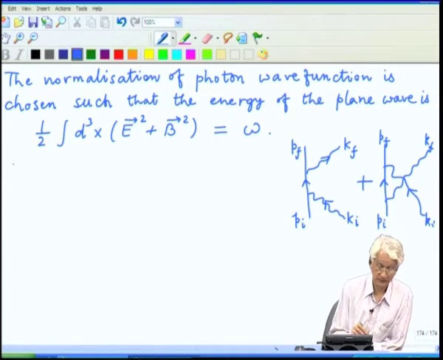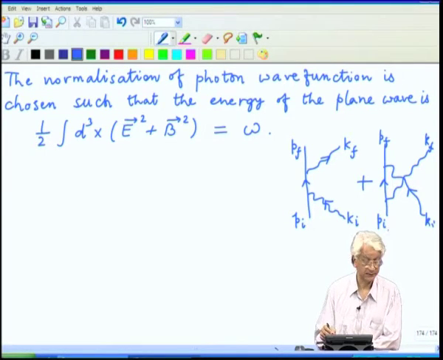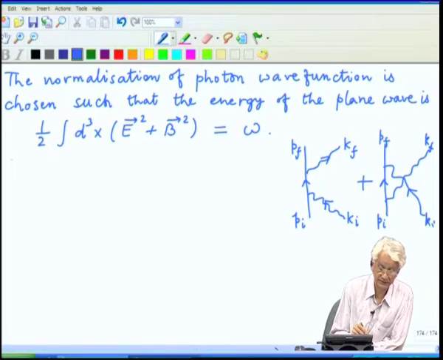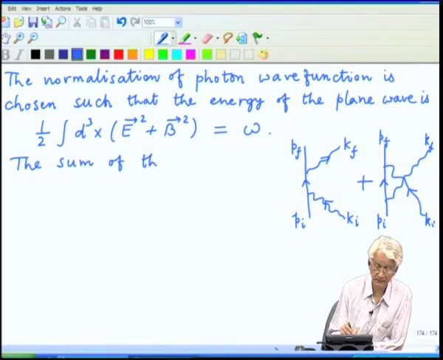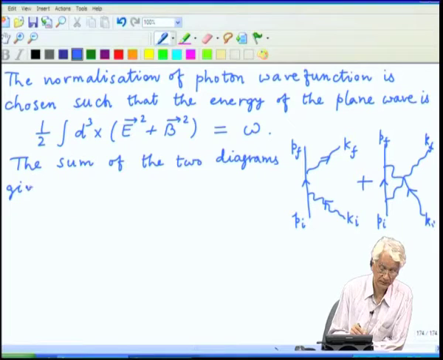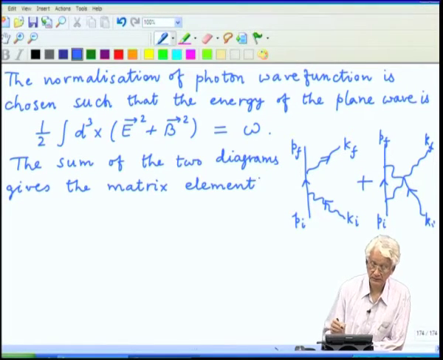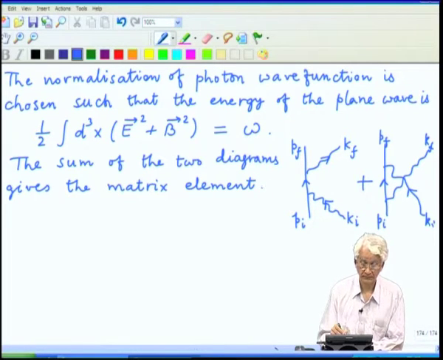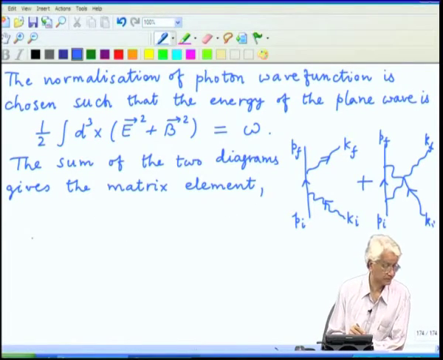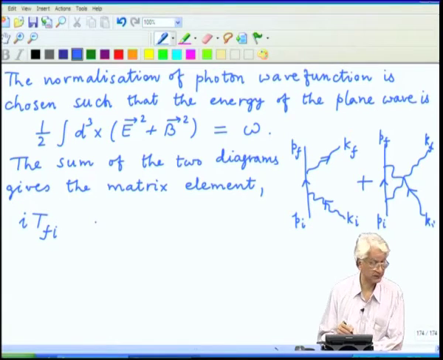So, now we have to write down the matrix element which corresponds to the sum of these two diagrams. So, the sum of the two diagrams gives the matrix element, which I am going to write in this form of the transition matrix element.